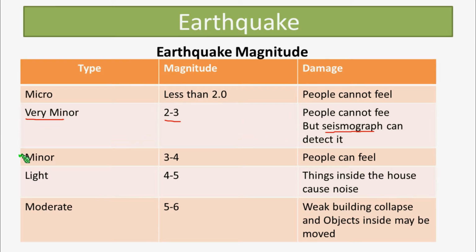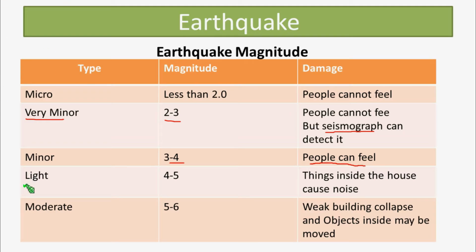Next category is minor, and a minor earthquake is of 3 to 4 magnitude. This earthquake can be felt by people, but it does not cause any kind of damage.